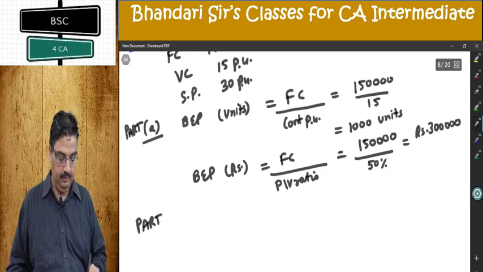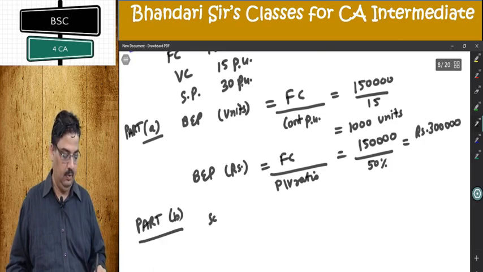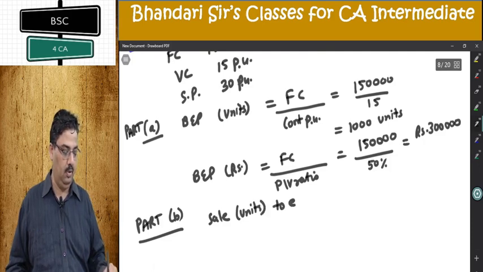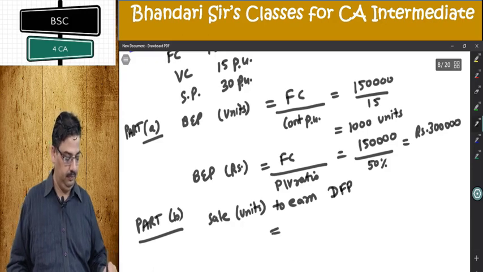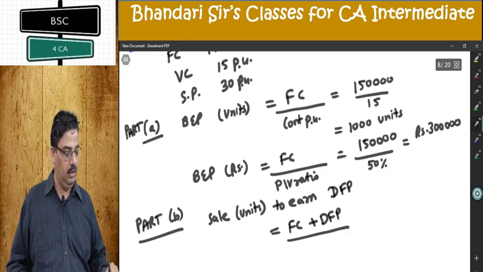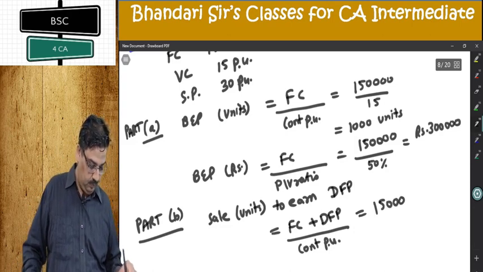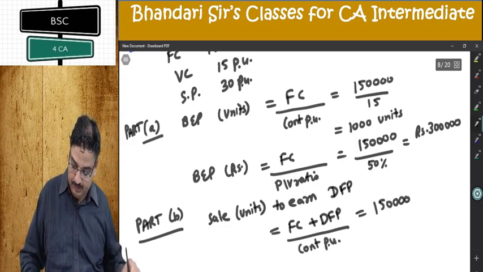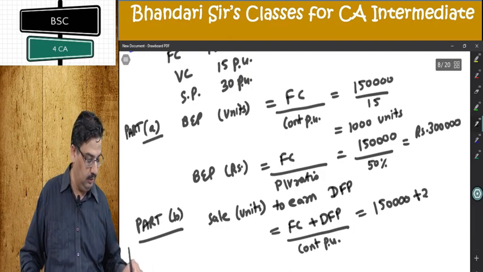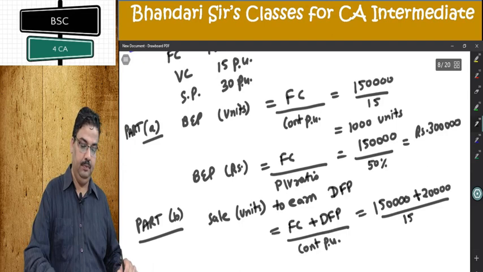Part B. Sale in units to earn desired fixed profit. Fixed cost plus desired fixed profit divided by contribution per unit. 1,50,000 plus 20,000 divided by 15.